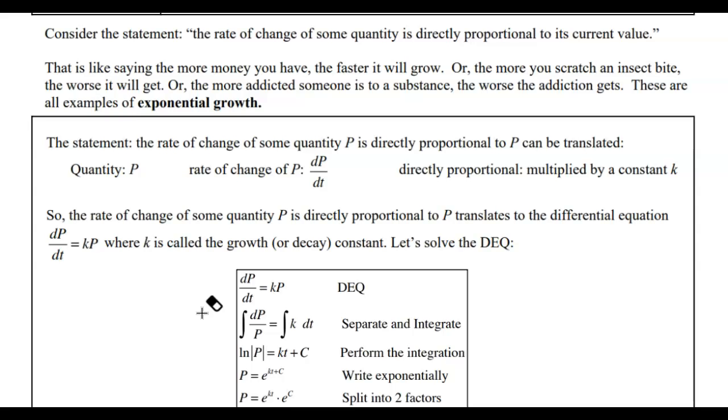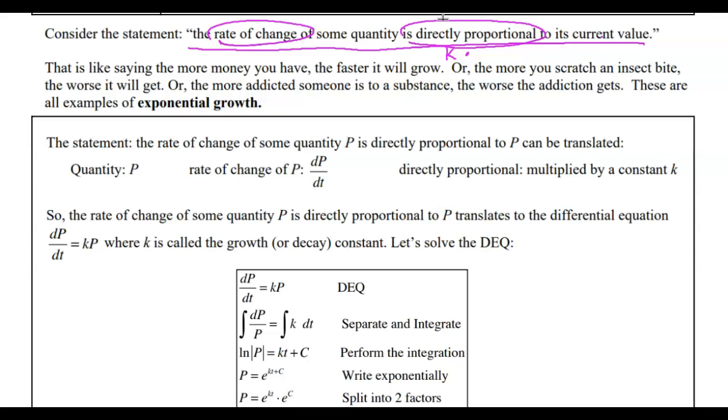So consider the statement. It says the rate of change of some quantity is directly proportional to its current value. So rate of change implies a derivative, and directly proportional, that's something you would have learned before this class. We've not seen that, but that means to multiply by some unknown constant to its current value. All right, and so we're going to set that up as a differential equation.